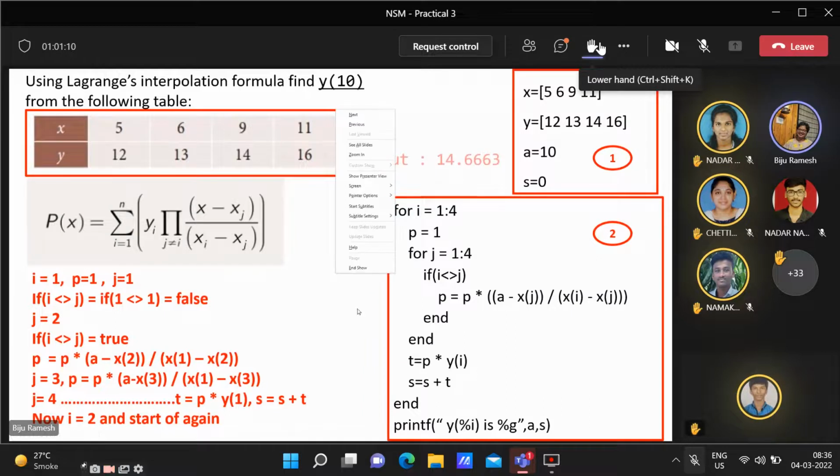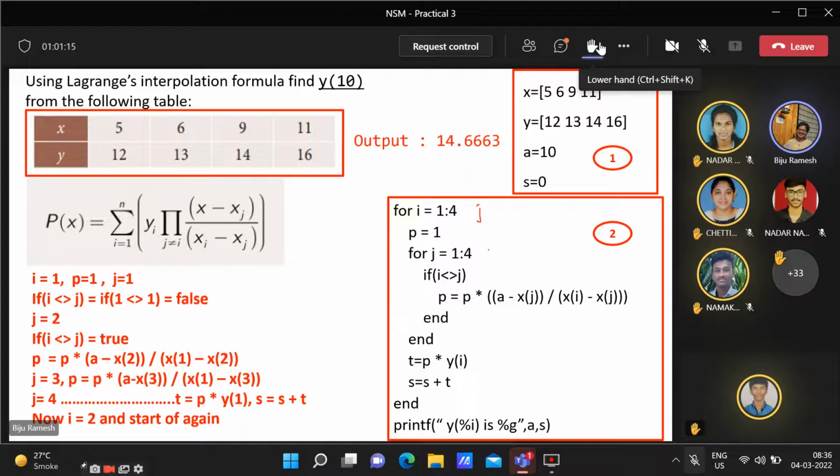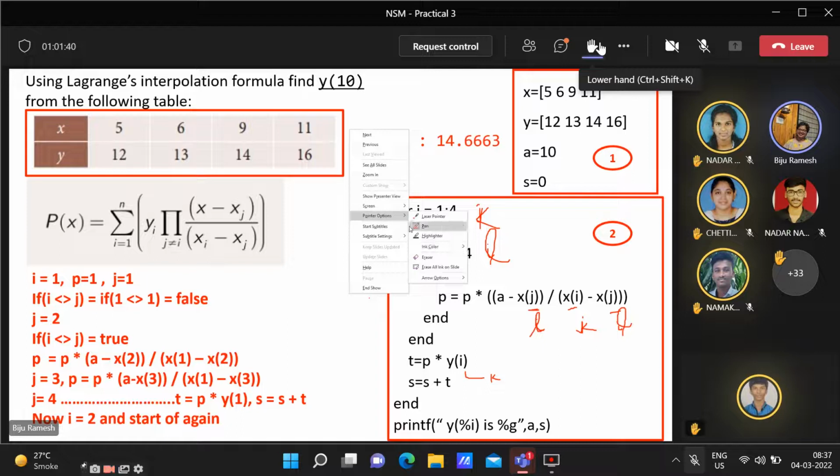Only thing is, this will become i and this will become j. Only that much change. Or you can use k over here and l over here, no problem. Instead of j you will write l, and instead of i you will write k. You are free to use anything.